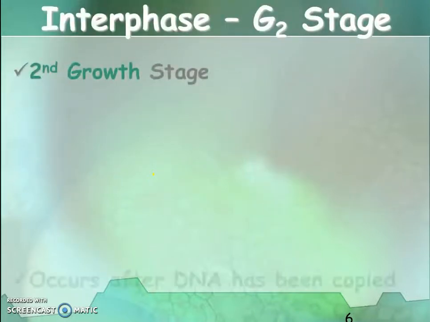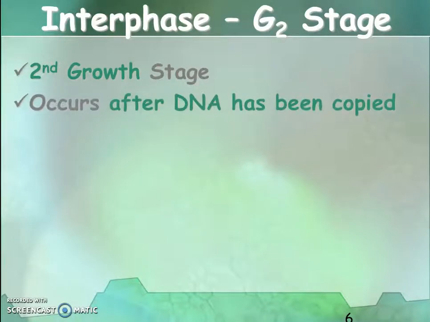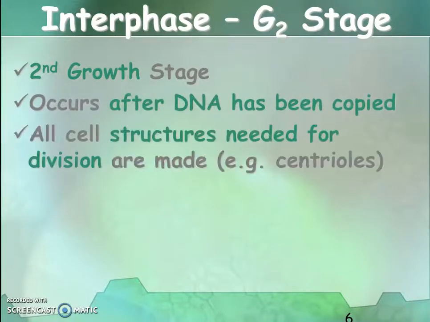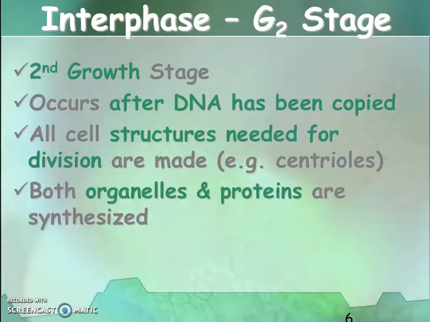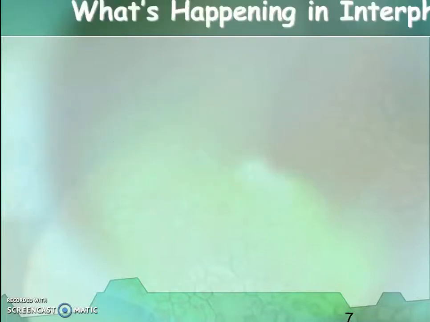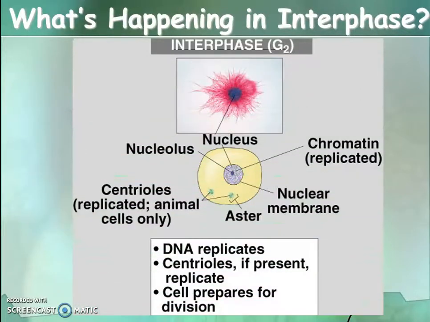In the G2 stage, which is the second growth stage, it occurs after the DNA has been copied and all the cell structures needed for the division are made. The organelles and proteins are synthesized.